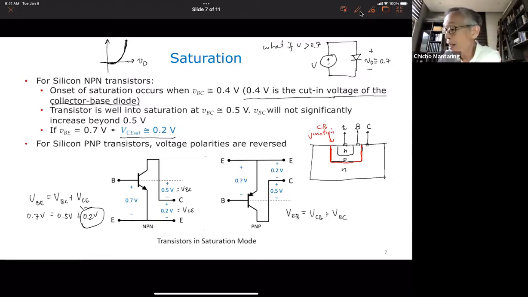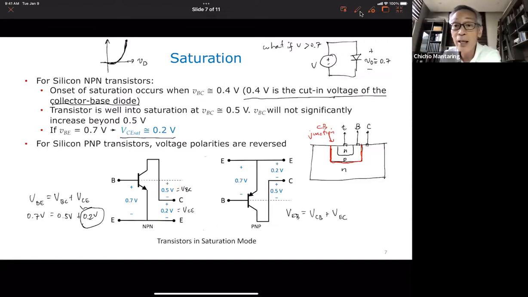If I put a larger voltage, it will create a much bigger current, and my diode will not be able to dissipate the power. The diode will just burn, will just get destroyed. So that's also what's going to happen if you try to apply voltages greater than 0.7 across your base emitter, or 0.5 across your collector base.